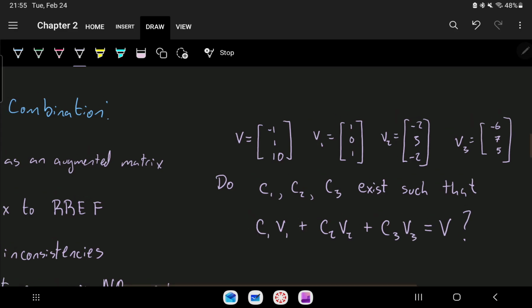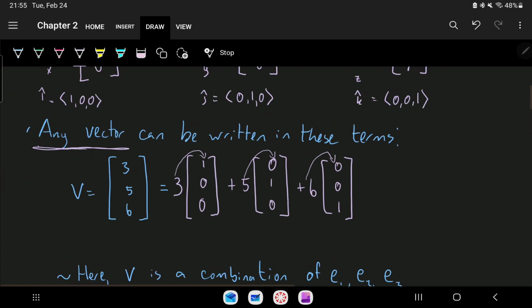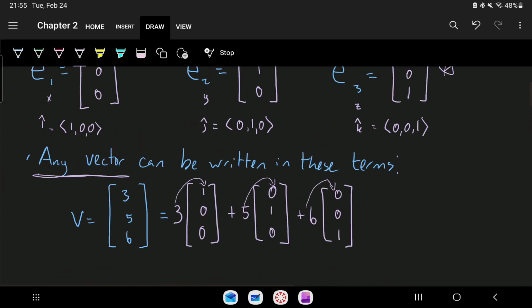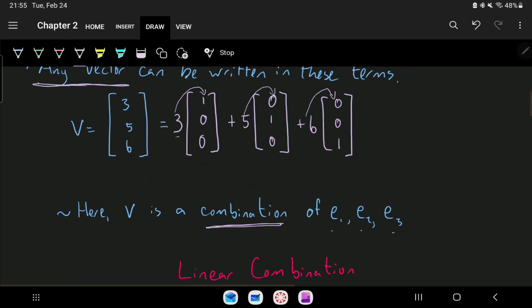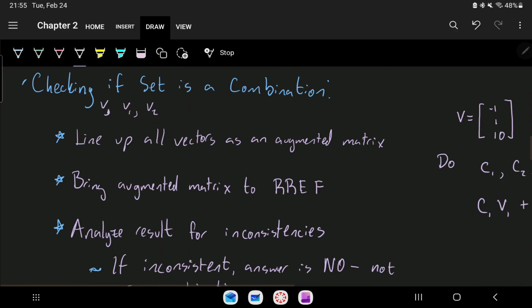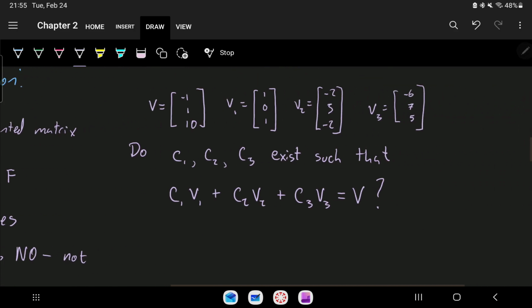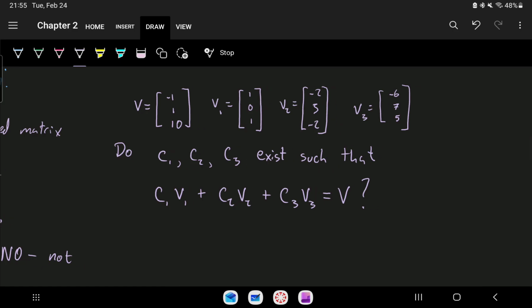And that's essentially exactly what we did up here. In this case, C1 is 3, and V1 is E1. C2 is 5, V2 is E2. And C3 is 6, and E3 is V3. And all of those can add up in a combination to form this vector here. So that's essentially all we're doing. The numbers just look a little bit different than those really basic zeros and ones, right?